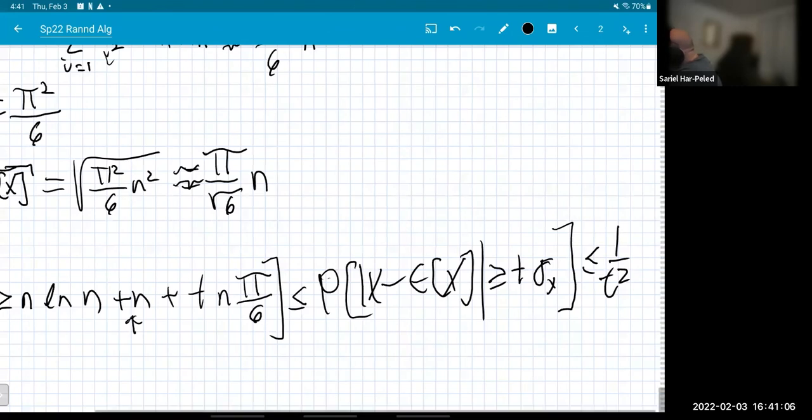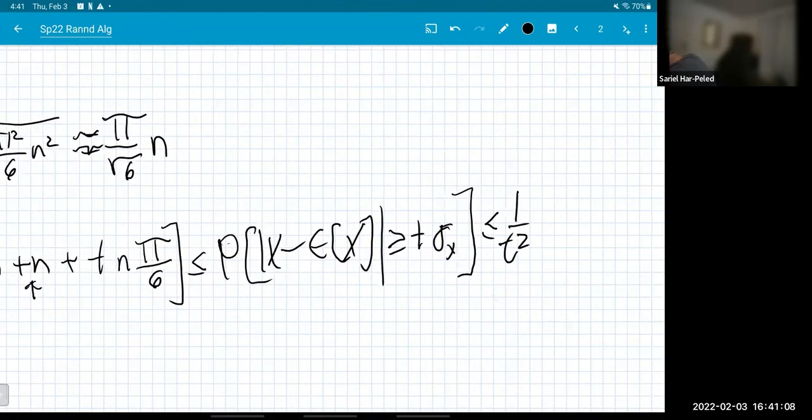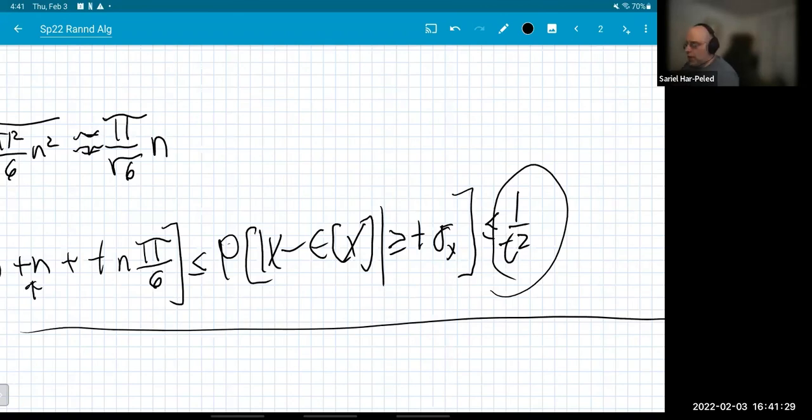What I'm going to show in the next lecture is that in fact this can be replaced by something exponential in t. So the concentration is even stronger than that. It's very strongly concentrated. But that would be in the next lecture. That's all I wanted to cover today.